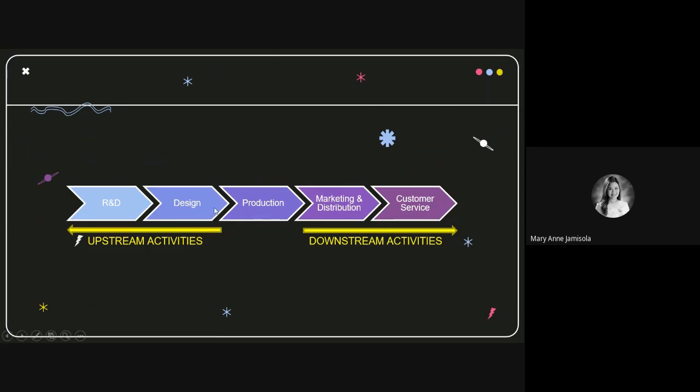Then for production or manufacturing, the costs related to this are, say, purchasing of your materials, direct manufacturing costs, which include your labor, and indirect manufacturing costs, or what we commonly refer to as factory overhead. And then for downstream costs, we have marketing and distribution.